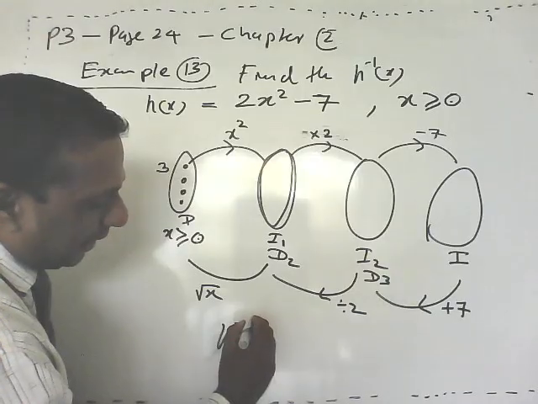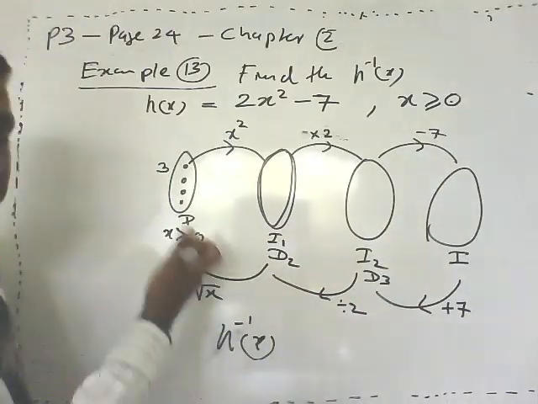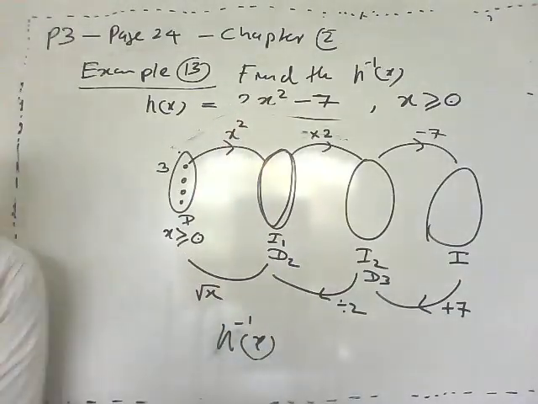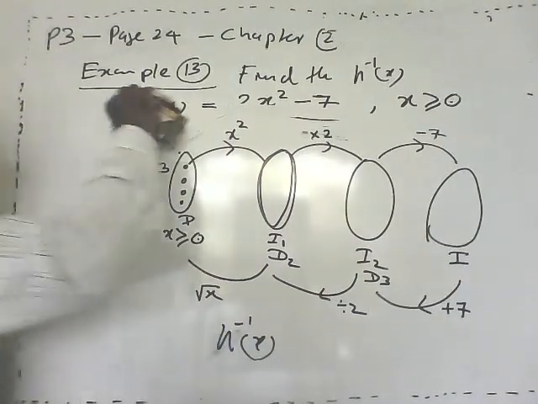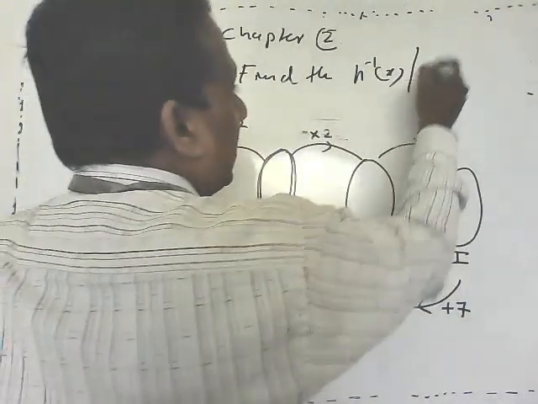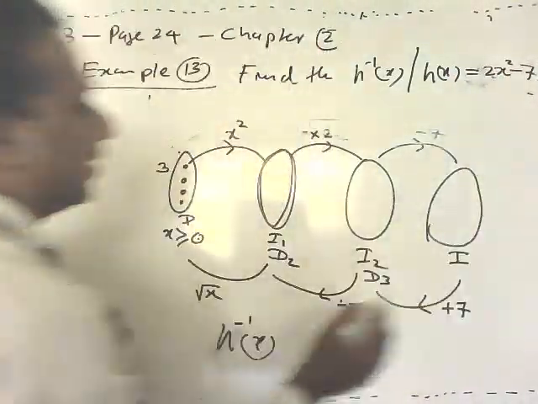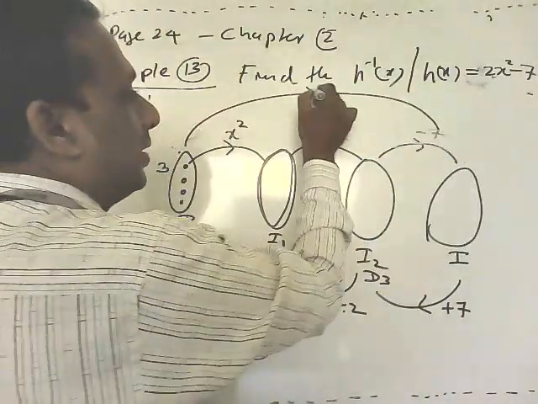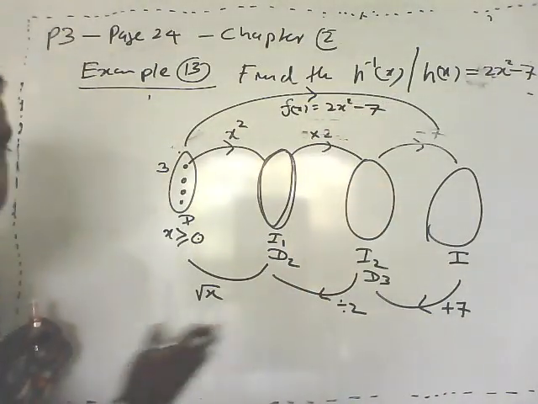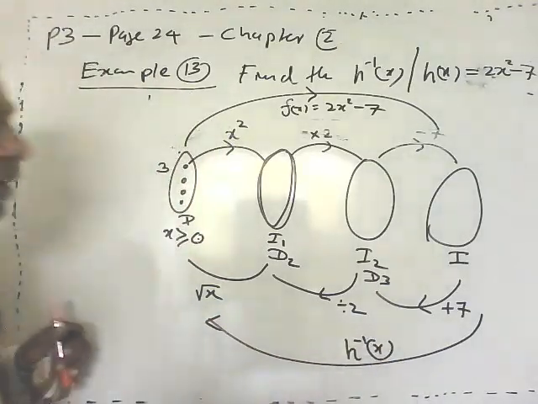Here h(x) is equal to 2x squared minus 7, and we have to find h inverse x.